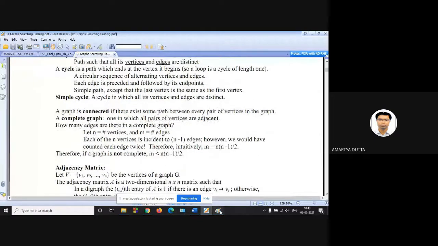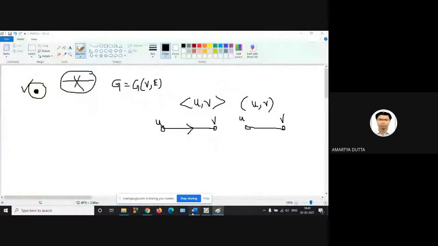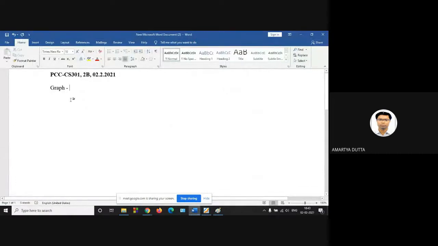A graph may be represented in two ways. Number one is the adjacency matrix, and number two is the adjacency list. There are two ways for representing a graph.